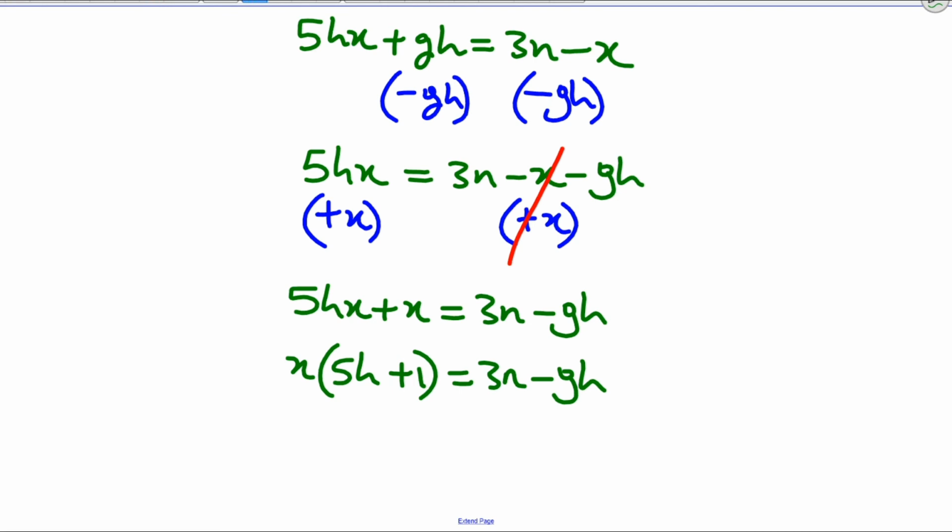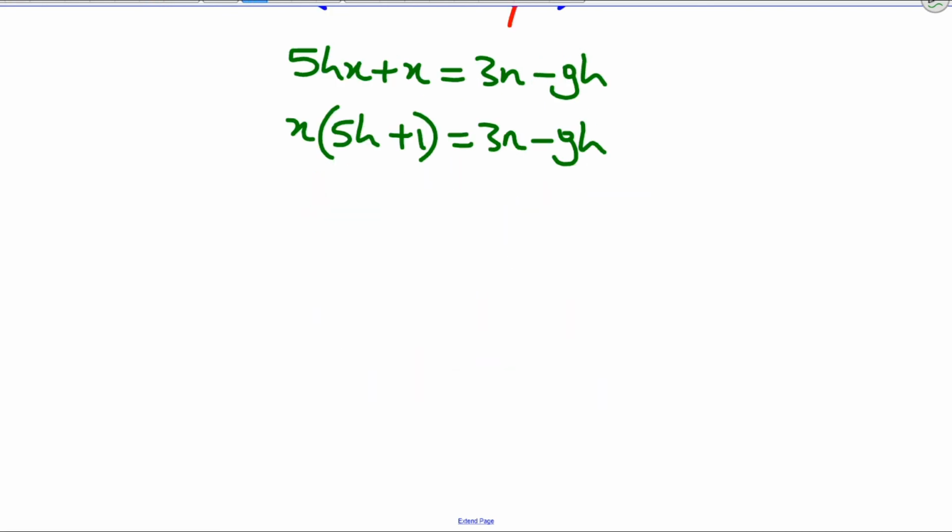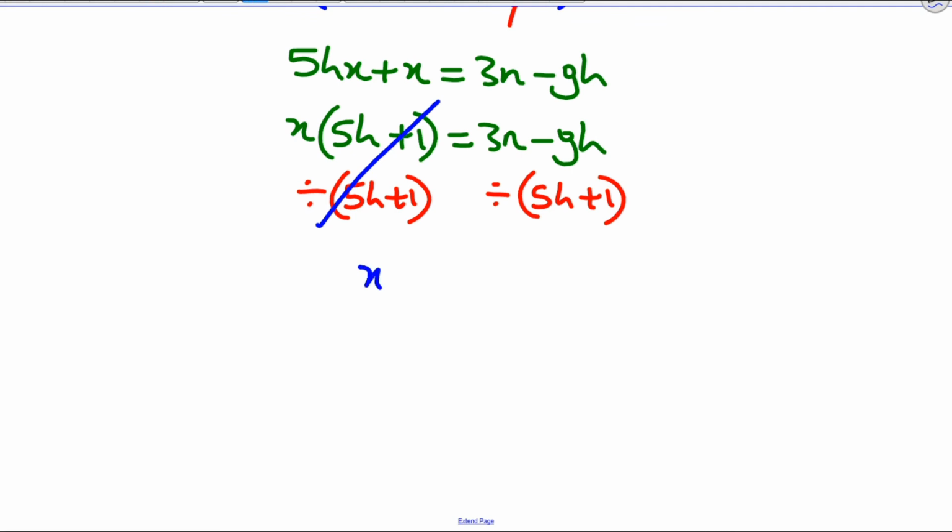And then the next step is dividing by 5h plus 1 because you want to be left with x. So this does cancel. So x will be equal to 3n minus gh over 5h plus 1.